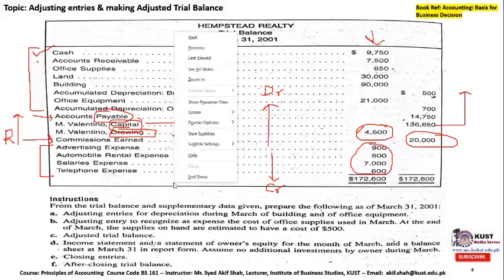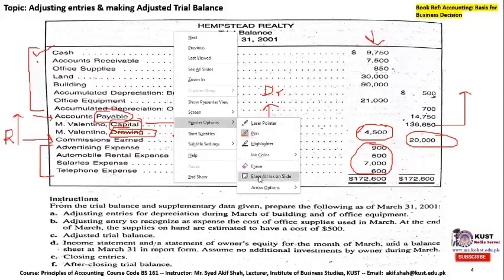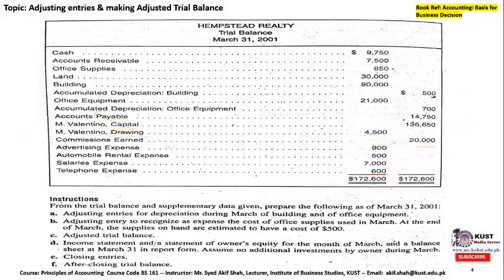So this is the basic understanding of the trial balance and how to make a trial balance by using the previous steps' ledger account final balances. Now it's time to discuss the instruction after thoroughly studying the question and understanding the different account titles involved, that is cash, account receivable, office supplies, land, building, and then we have accumulated depreciation building, which I'll explain shortly.